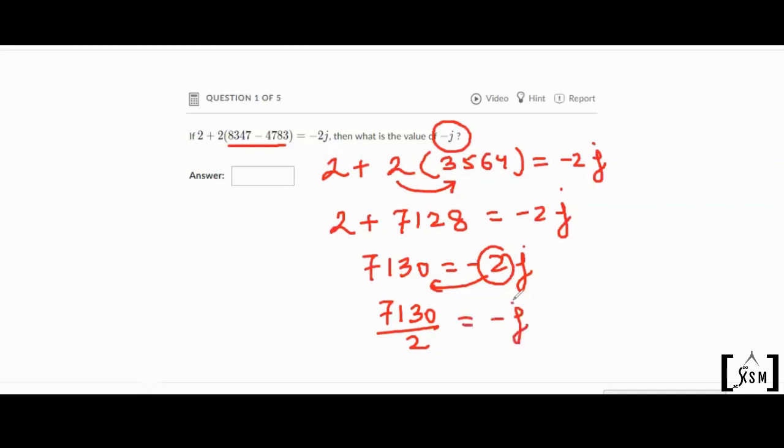Divided by 2, you will get 3565. So that is the value of negative j, right? So my correct answer should be 3565 here. Good.